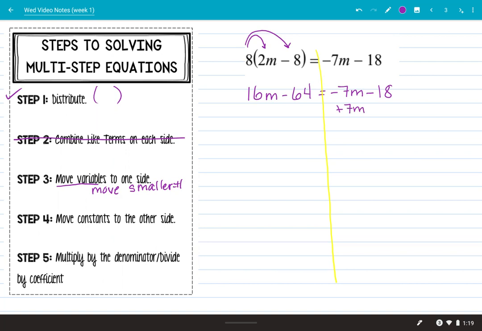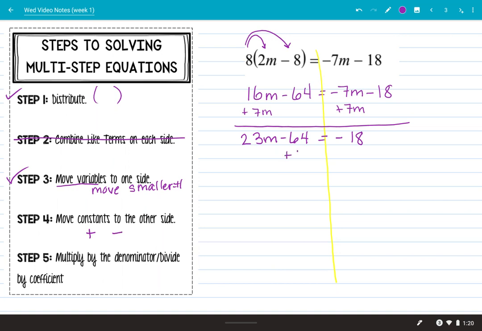And I'm always going to do the opposite. And we do that. Now we're back to what problem we did before. Move the constants, meaning add or subtract.